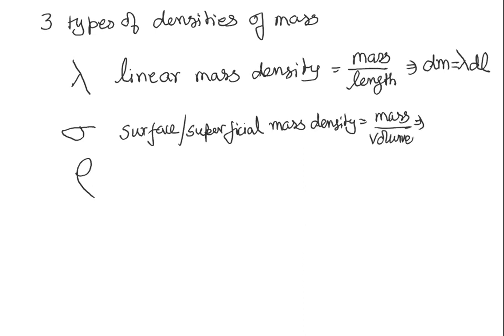And this tells me that dm is equal to sigma dA. Now dA is a very, very tricky thing. To explain dA to you, I must rub this out. So dA is a very, very tricky thing. dA means an element of area.